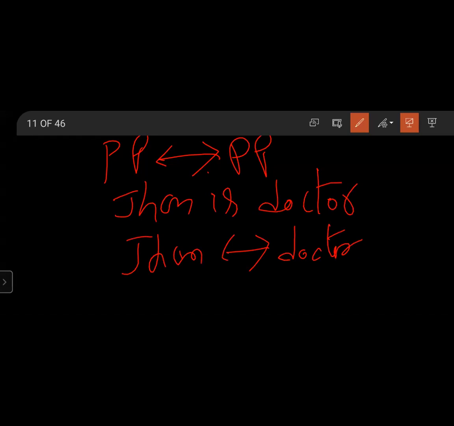John equals doctor. And next rule number 4. PP implies PP. Here it describes the relationship between two PPs, one of which provides a particular kind of information about the other.